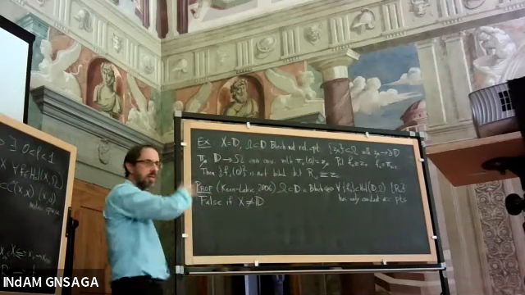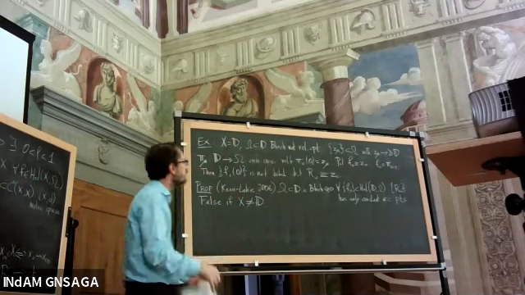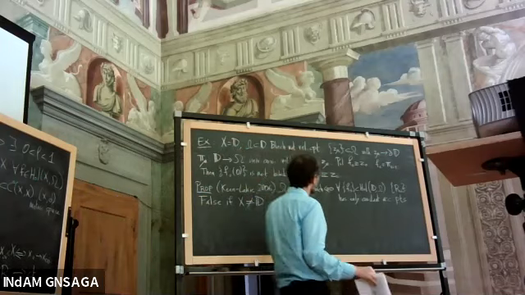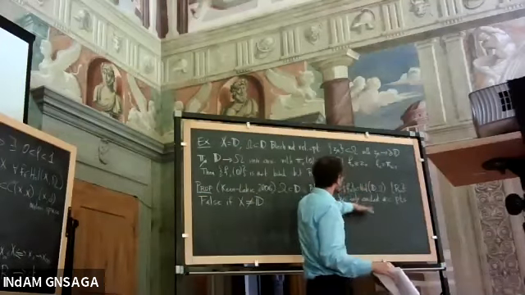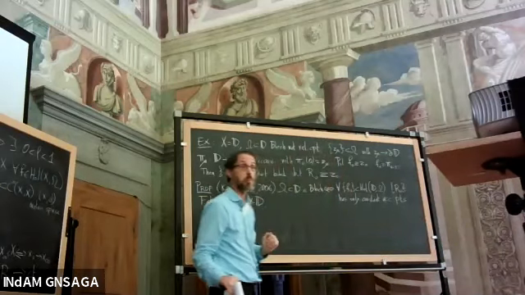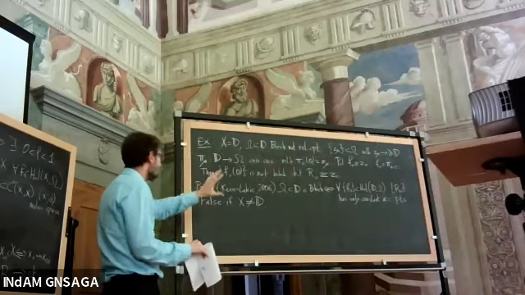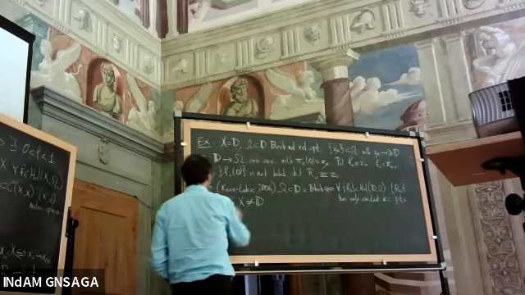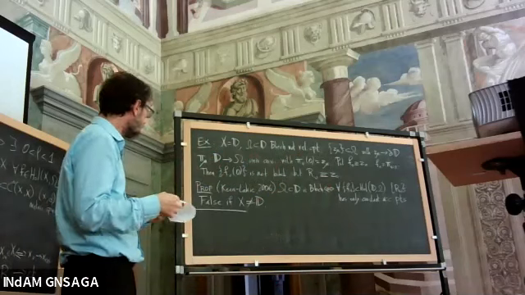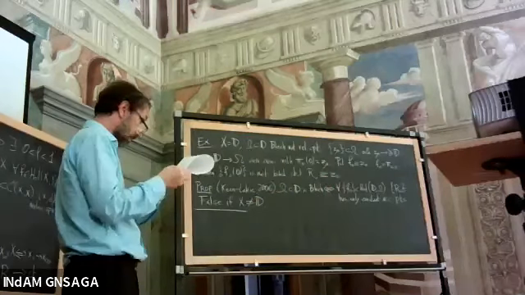There exists an x which is not d, where you have an omega, so that all this happens, but omega is not block.